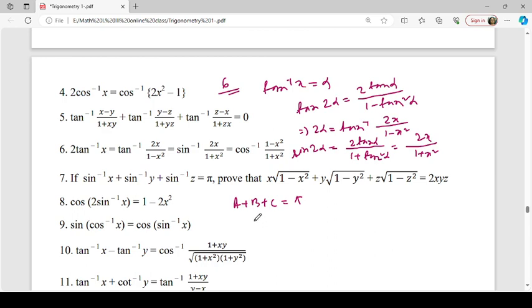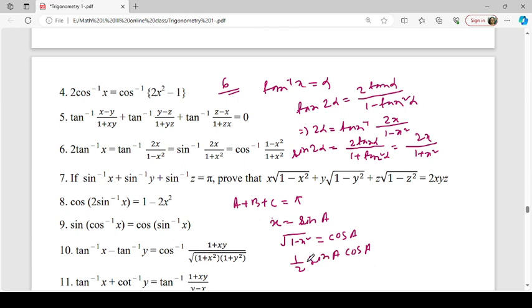Then x is sin a, and root over 1 minus x square is cos a. So x into root over 1 minus x square is sin a cos a, which is half of 2 sin a cos a.